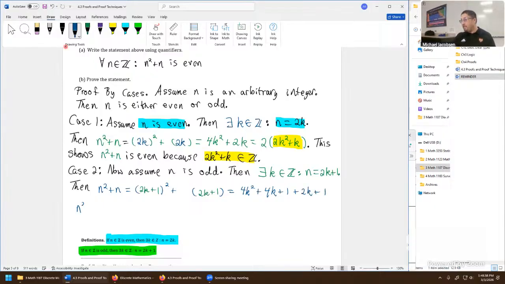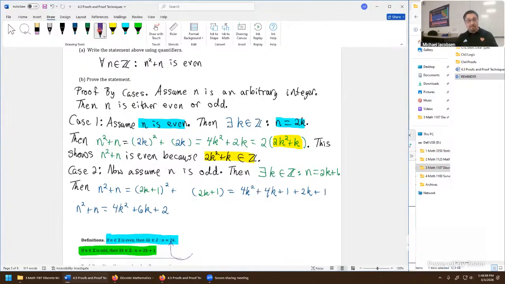So now we have n squared plus n is equal to, combining our like terms gives us 4k squared plus 6k plus 2. All the coefficients here are even. That means we can pull out a greatest common factor of 2, which is exactly what we want to do.